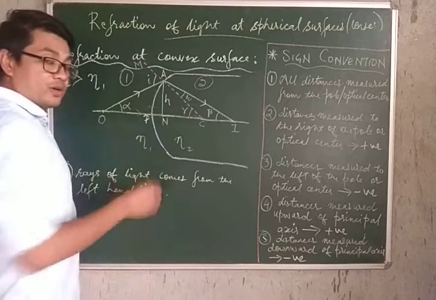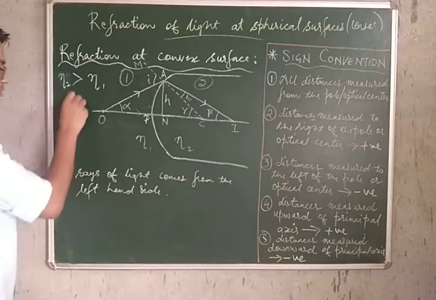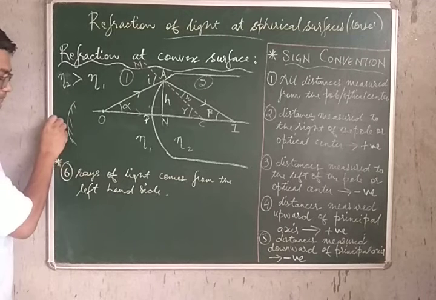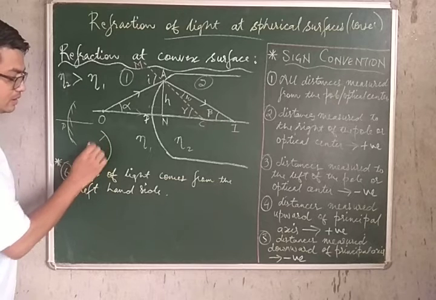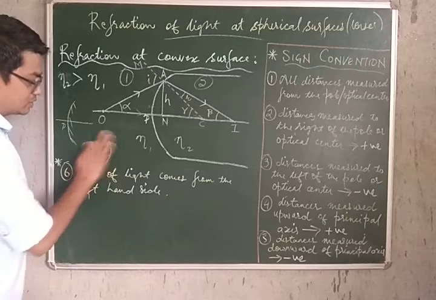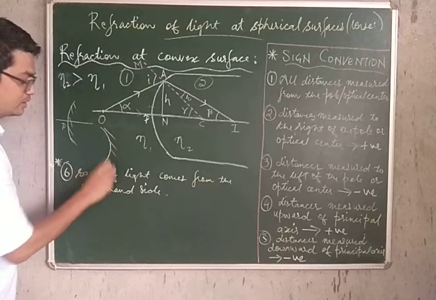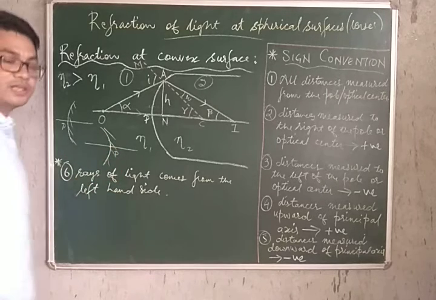In the case of spherical mirrors also, this would be a convex spherical mirror, and this would be the pole. Sorry, this is convex, what I've drawn is convex. So this is your concave mirror, and this would be the pole over here, the geometric center of the spherical part.